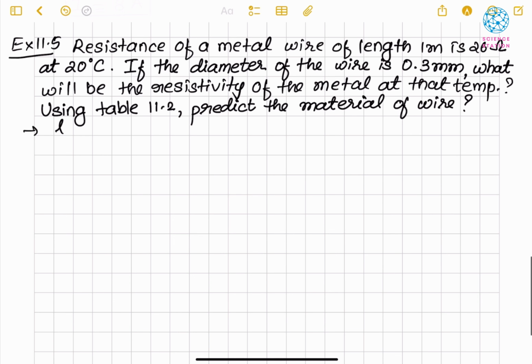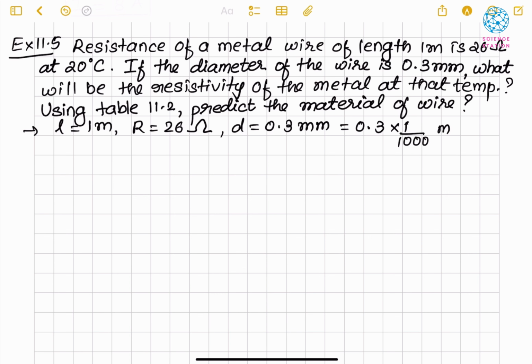So here length equal to 1 meter and R equal to 26 ohms. Then diameter equal to 0.3 mm. If I convert it into meter, it will be 0.3 into 1 upon 1000 meter. So that is 3 into 10 raised to minus 4 meter.